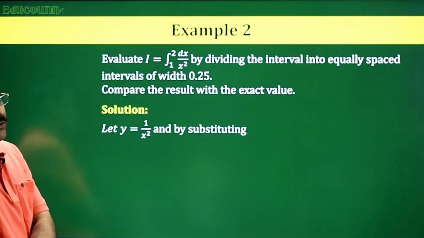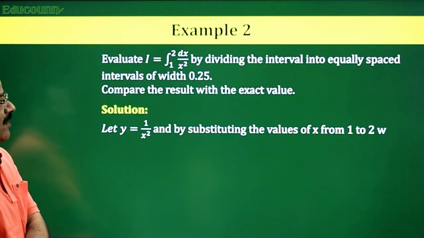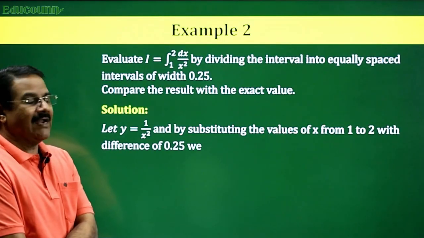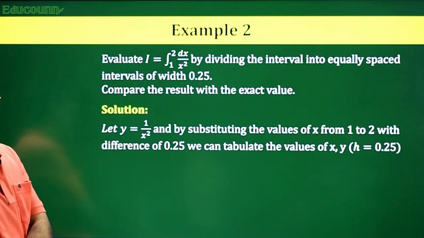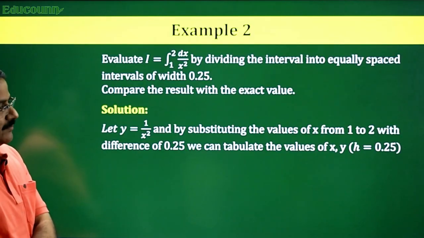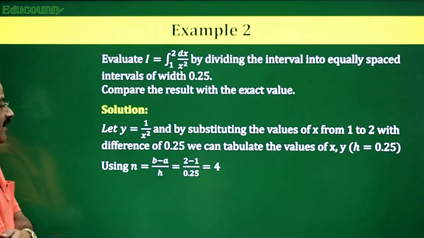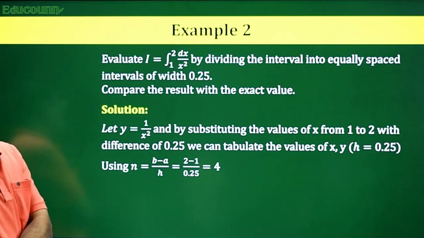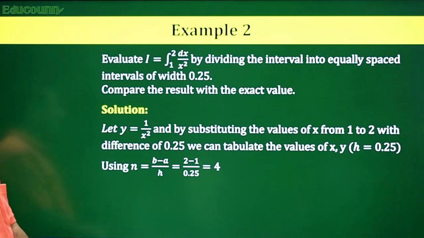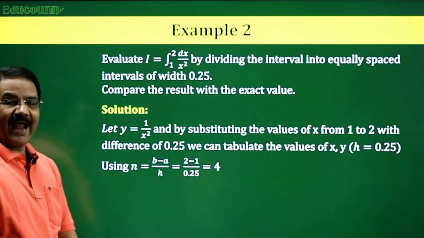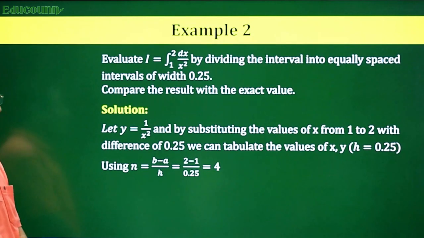Let us see now the solution one by one. Let y is equal to 1 upon x square, and now by substituting the values from 1 to 2 with the difference of 0.25, we have to tabulate the result. Here first of all we will see that n is equal to b minus a upon h. Value of a is 1, value of b is 2, and h is given as 0.25.